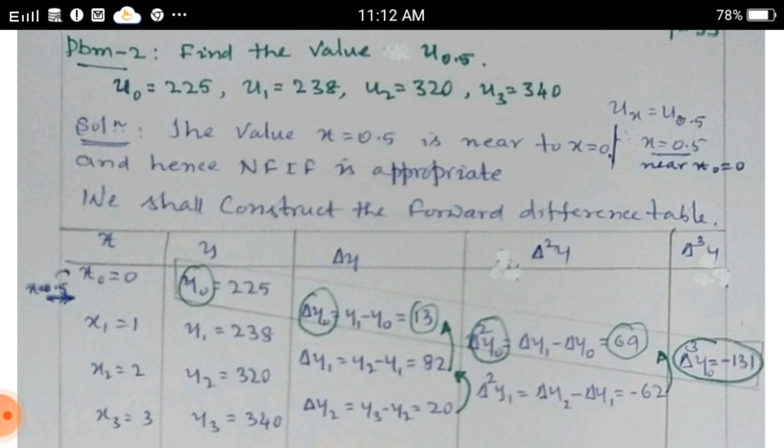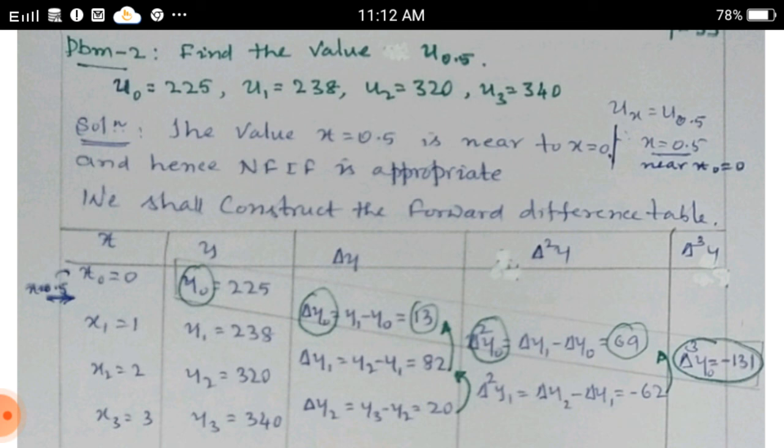Therefore, y of x is equal to y0, which is 225, plus r into delta y0 plus r into r minus 1 by 2 factorial into delta square y0 plus r into r minus 1 into r minus 2 divided by 3 factorial, which is 6, into delta cube y0 plus and so on, where r is equal to x minus x0 divided by h is equal to 0.5 minus 0 divided by 1.